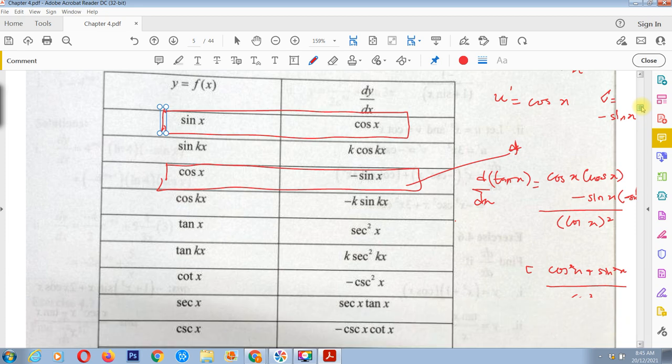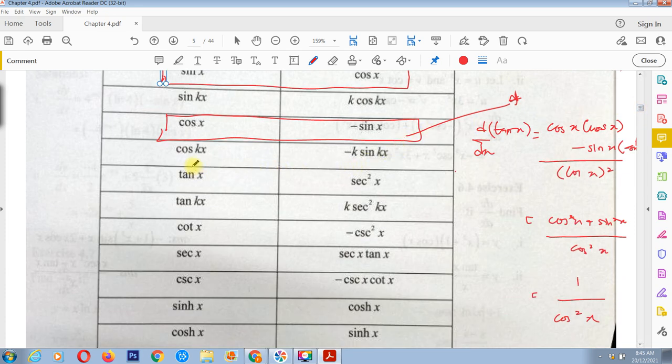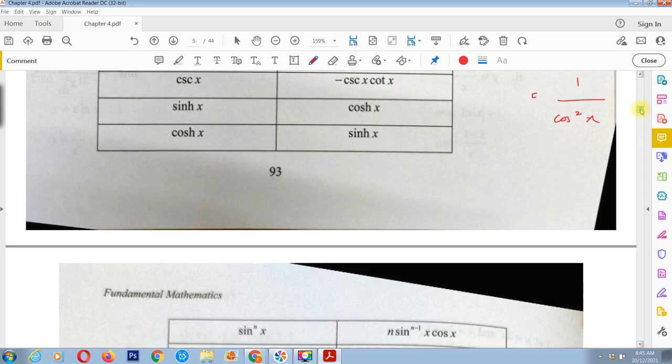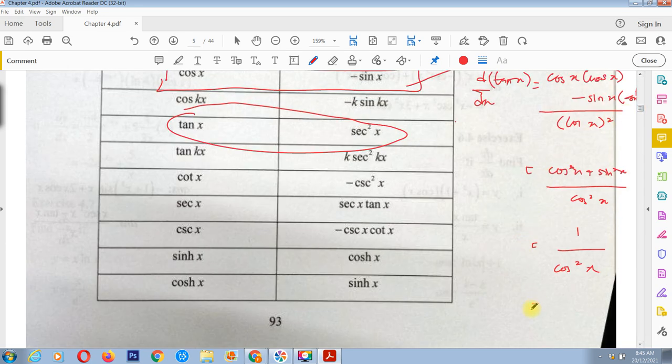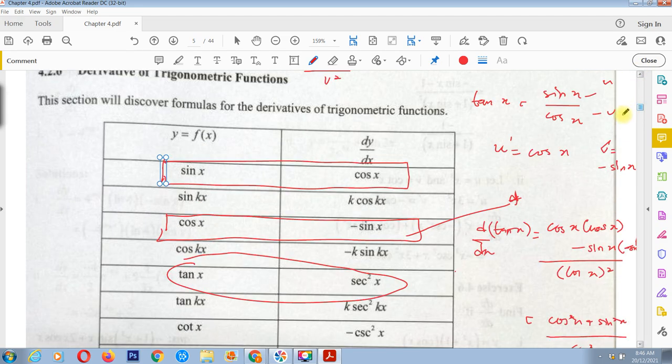So 1 over cos square x, that's why we get secant square x. If we differentiate tan, we will get secant square x.